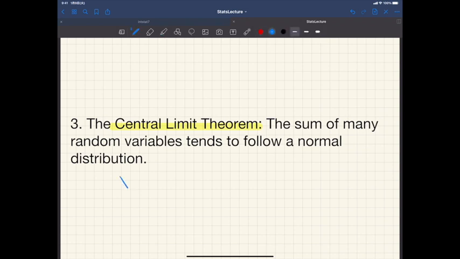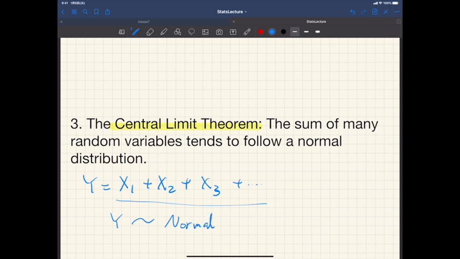So if you have many random variables, like x1, x2, x3, and so on, and you define their sum, then this sum will be very well approximated by a normal distribution with some parameters.